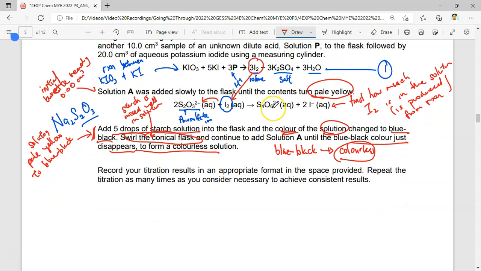So my final burette reading will be here. Whenever you do a titration, there's always the final burette reading and the initial burette reading. To know when to write down your final burette reading, it's at this point. Typically, when you do a titration, there's no intermediate burette reading, only the initial and final. So this is what is happening here.